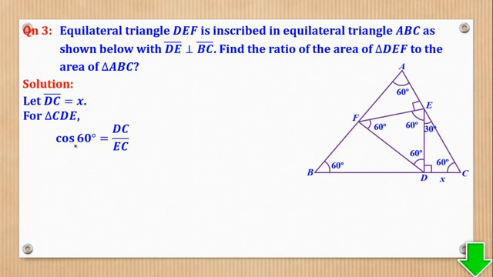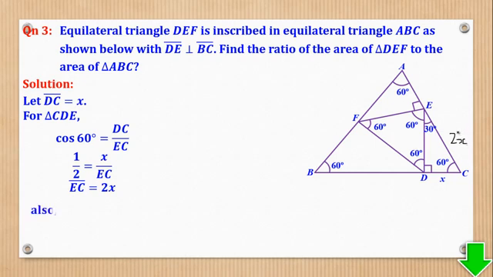So from SOHCAHTOA, which we covered in the previous holiday, cos 60 degrees is equal to DC over EC. DC is the adjacent, EC is the hypotenuse. So cos 60 is a particular angle and it gives a half. If you use the calculator, you will find out that this is true. DC, we said it is x, meaning I can get EC in terms of x.